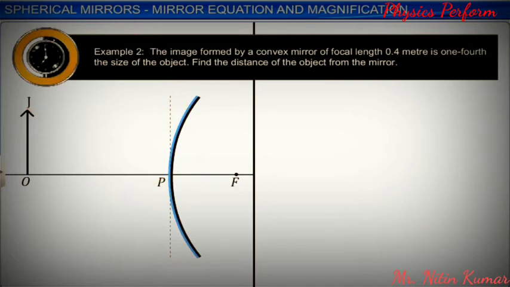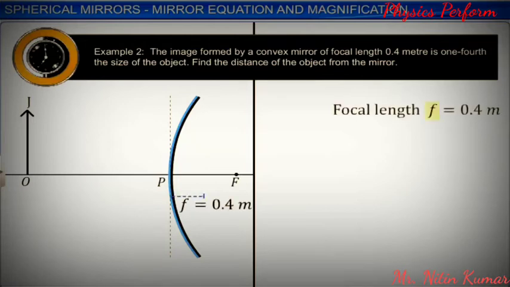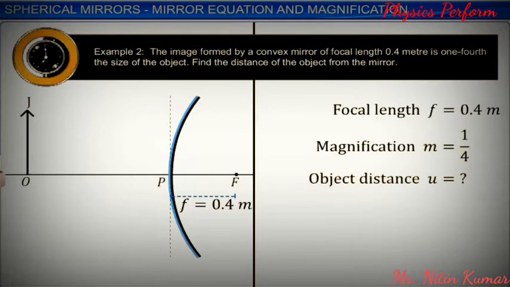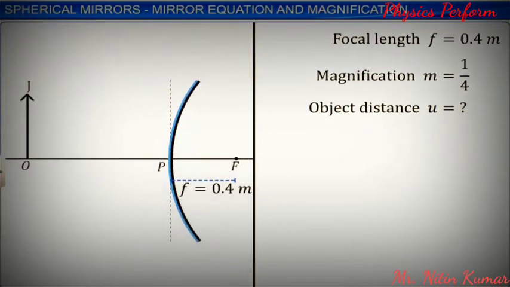Given that the focal length F is equal to 0.4 meter and magnification M is equal to 1/4, we need to find the object distance U. F is positive because we are dealing with a convex mirror. Since a convex mirror always forms an erect image, M is taken as positive.